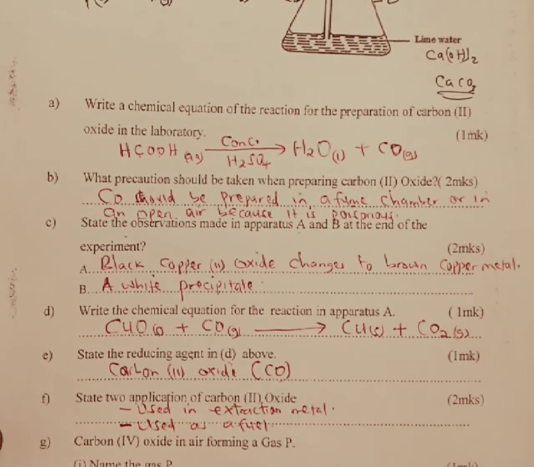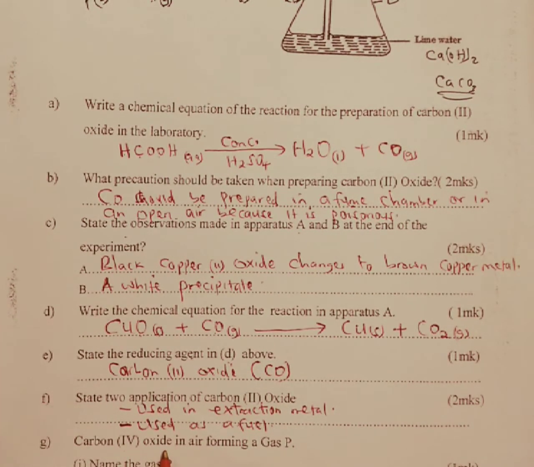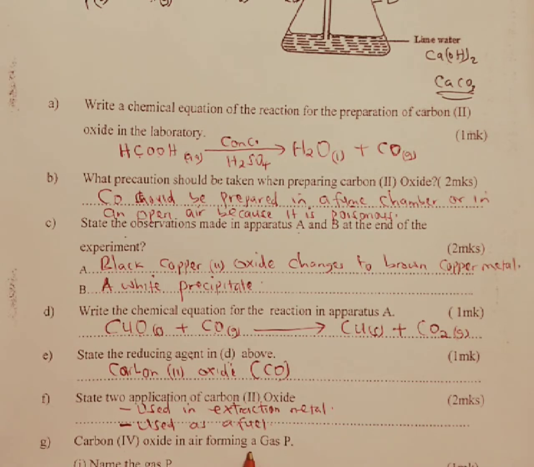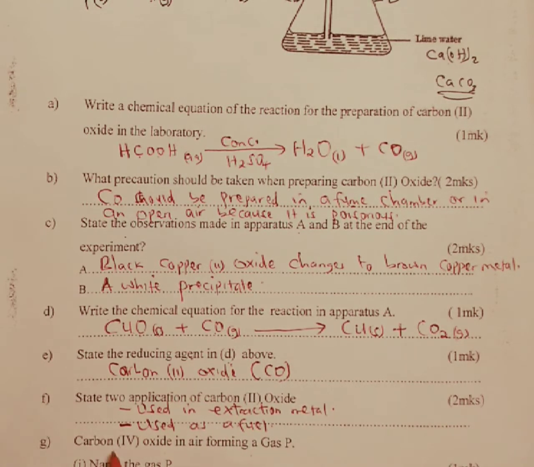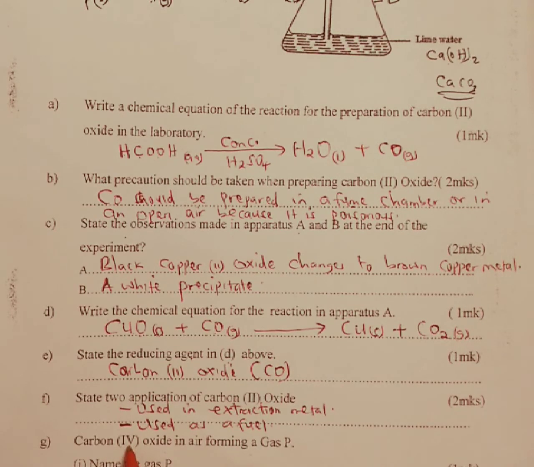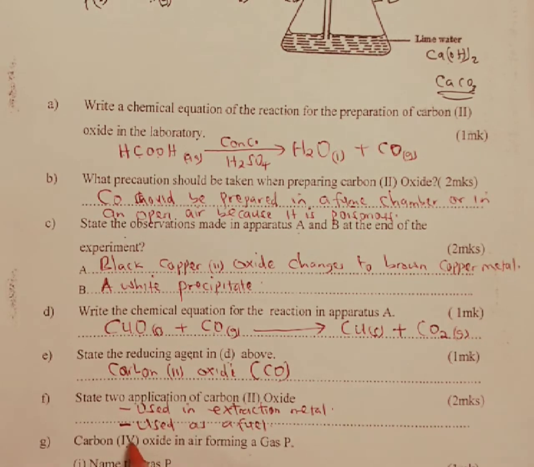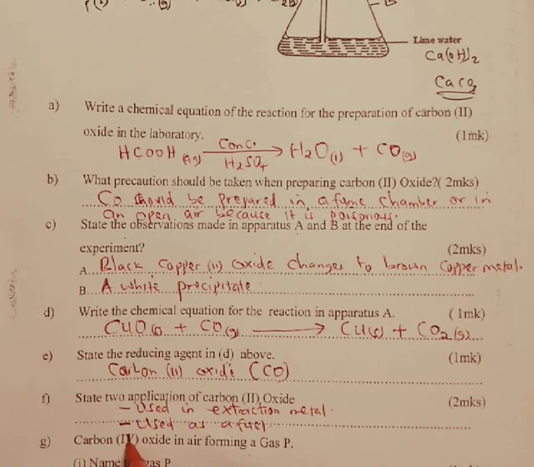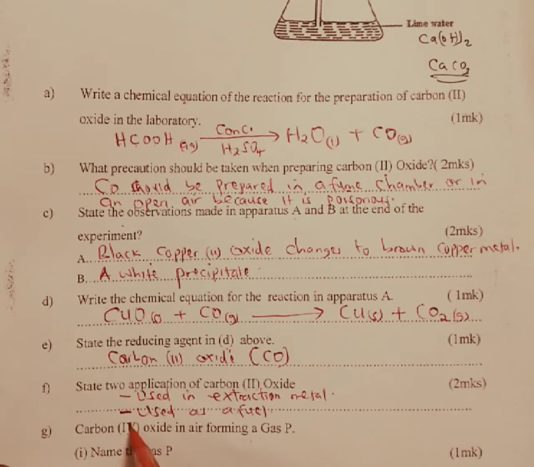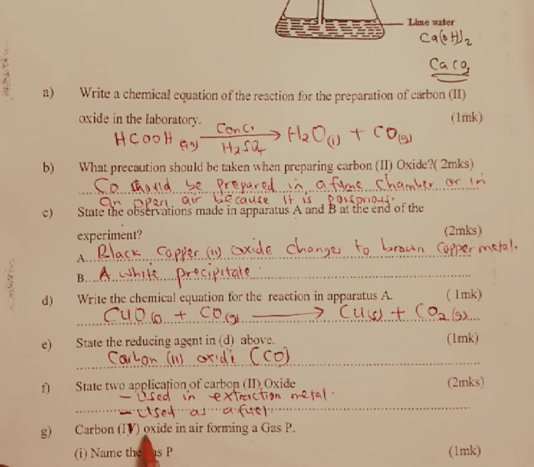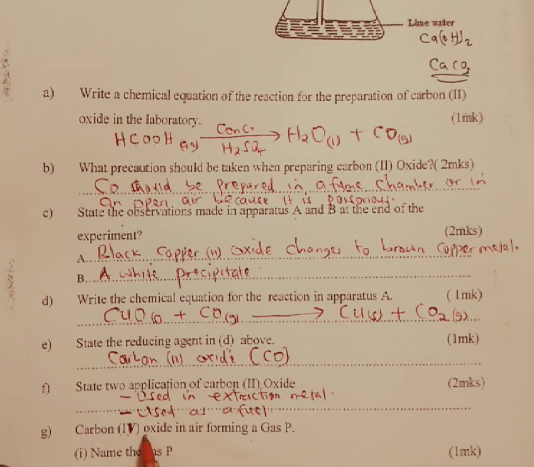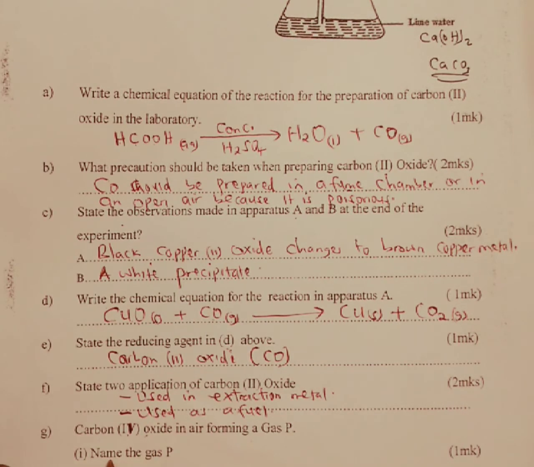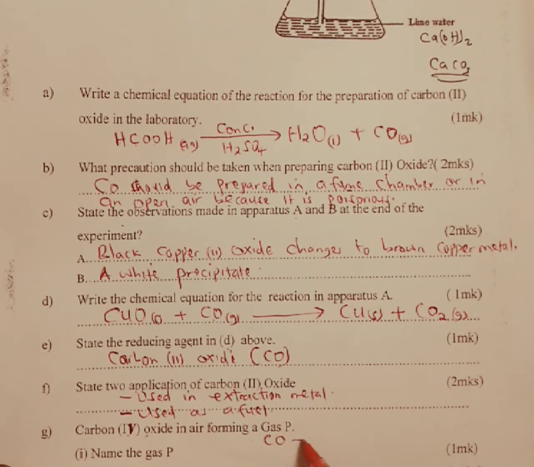Then next we have G: carbon 4 oxide in air forming gas P. This cannot be carbon 4 oxide because carbon 4 oxide does not react with the air, so it is carbon 2 oxide. Carbon 2 oxide reacts with air to form carbon 4 oxide. So carbon 2 oxide reacting with oxygen gives us carbon 4 oxide.